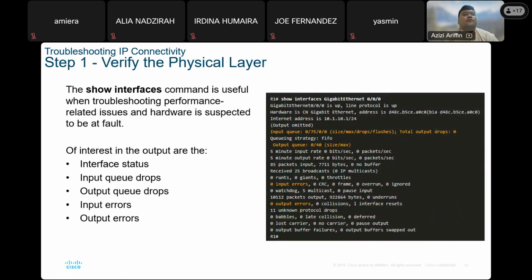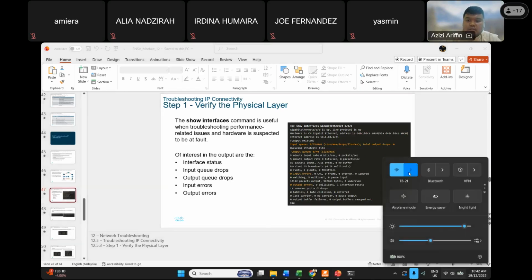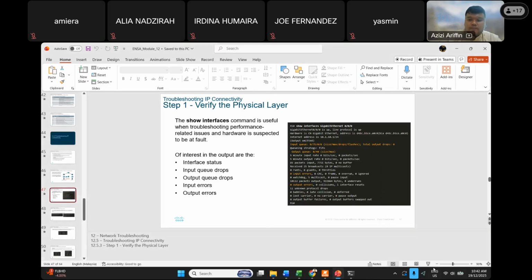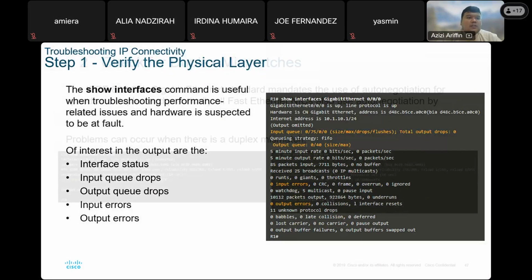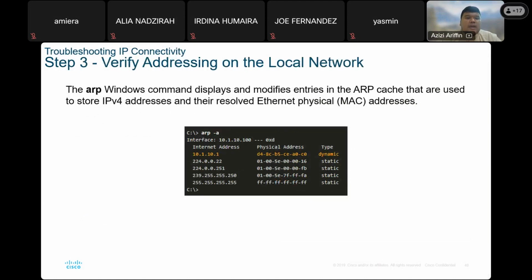If we want to do end-to-end connectivity tests, we can use ping or traceroute. First, we verify the physical layer. We use the show interface command, or if you are troubleshooting from a PC, you can check the interface to see whether it's connected to Wi-Fi or whether your Ethernet connection is up. Then we check for duplex mismatch and verify IP addressing, whether it's part of the subnet, maybe there is some misconfiguration, or maybe the MAC address should not be assigned to the interface.